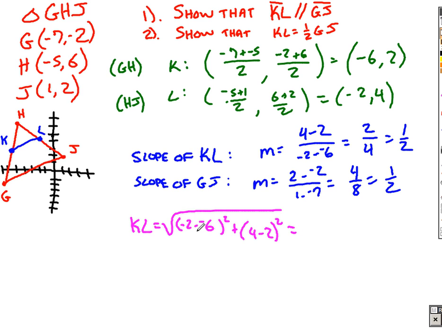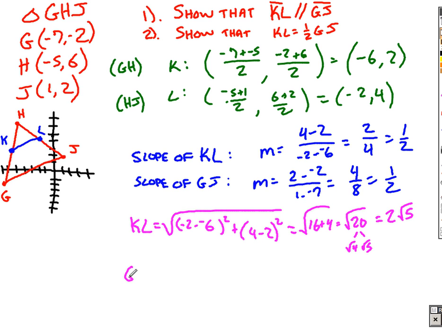This will give me the square root of 16 plus 4, so the square root of 20. If I want to simplify that, this is the same as the square root of 4 times the square root of 5. Square root of 4 is just 2, so 2 times the square root of 5.